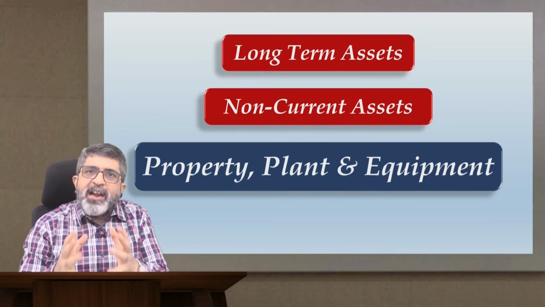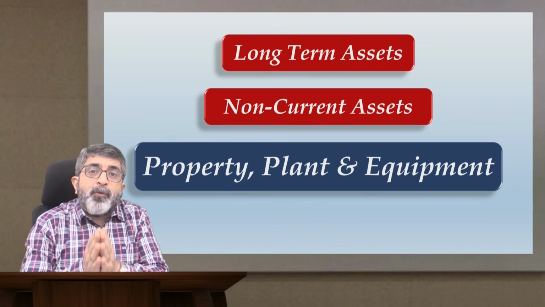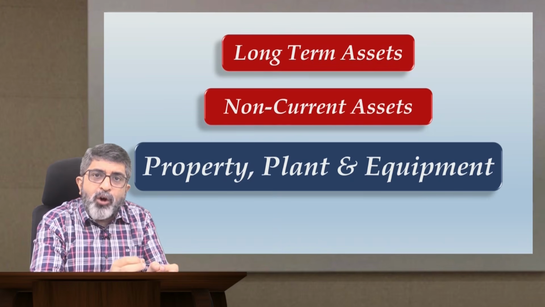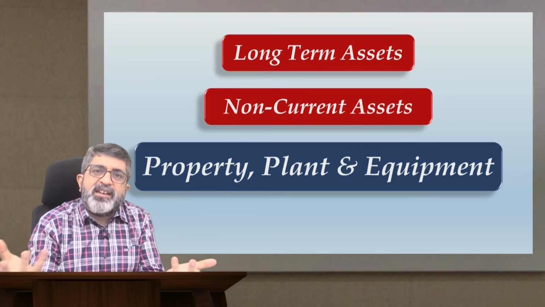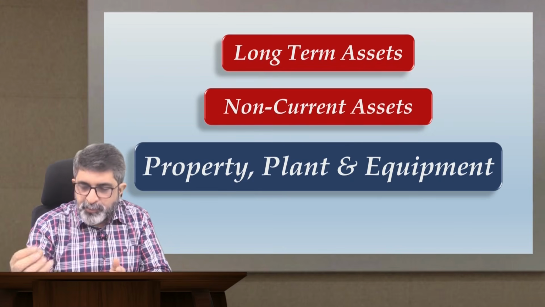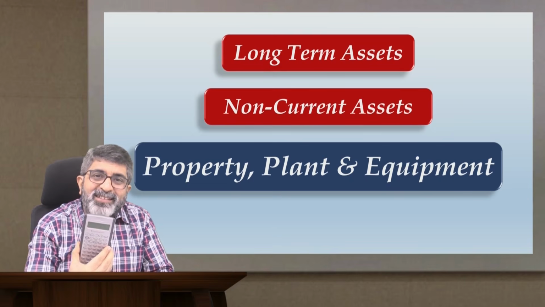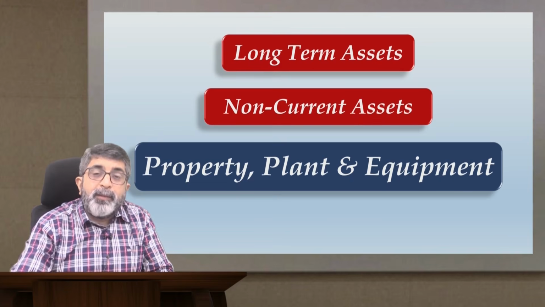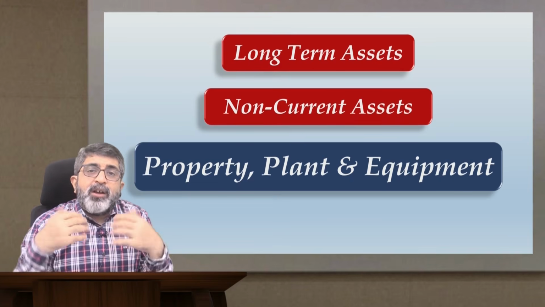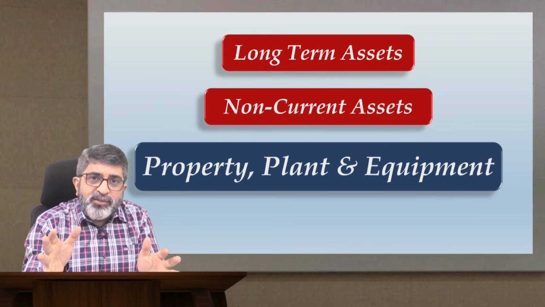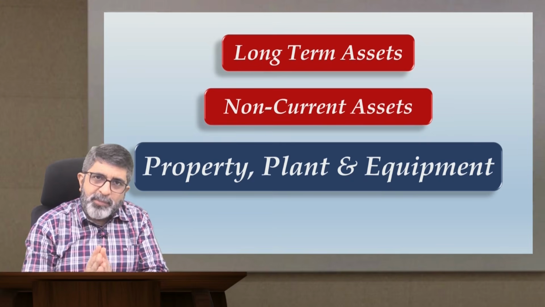Now held for use, which type of use? These may be for production and sale of the products and services that the entity is providing. For example, if my company produces and sells these kind of calculators, then for production and sale of this kind of calculator, whatever tangible items or tangible assets I am holding will come under property, plant and equipment.